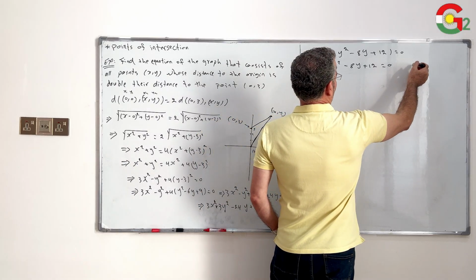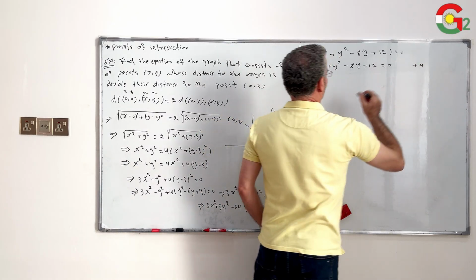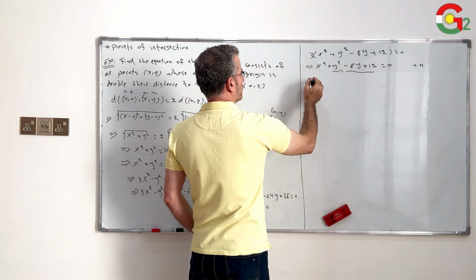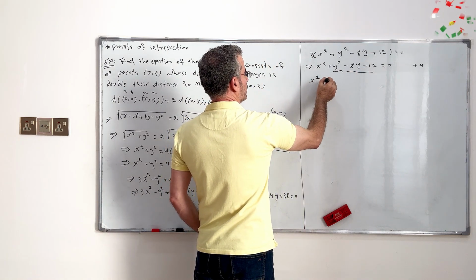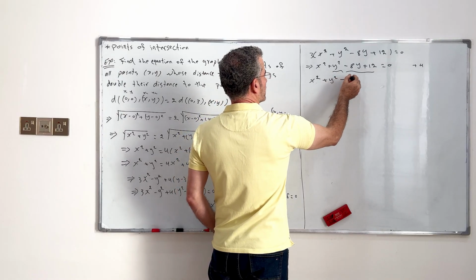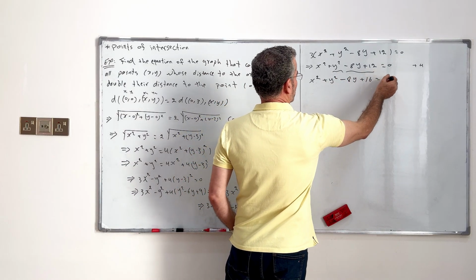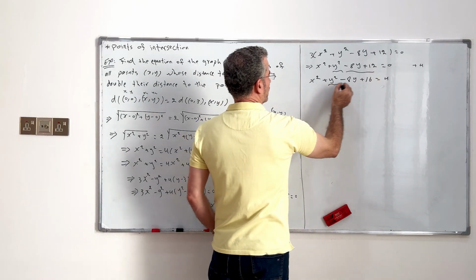Then I can add 4 to both sides to make this a complete square. X to the power 2 plus y to the power 2 minus 8y plus 16, 12 plus 4 is 16, equals 4.